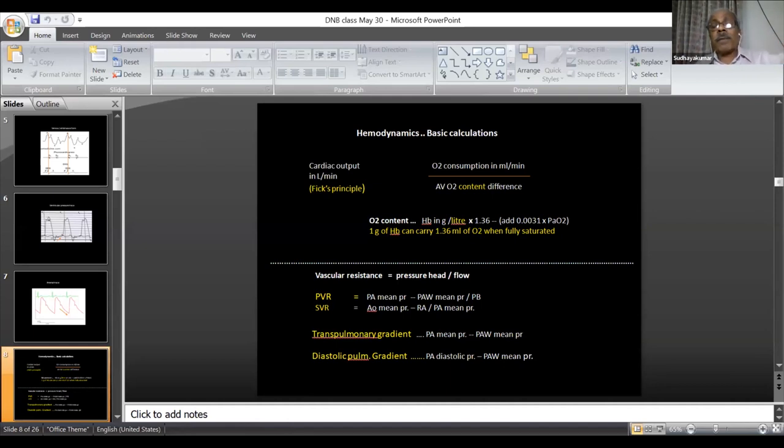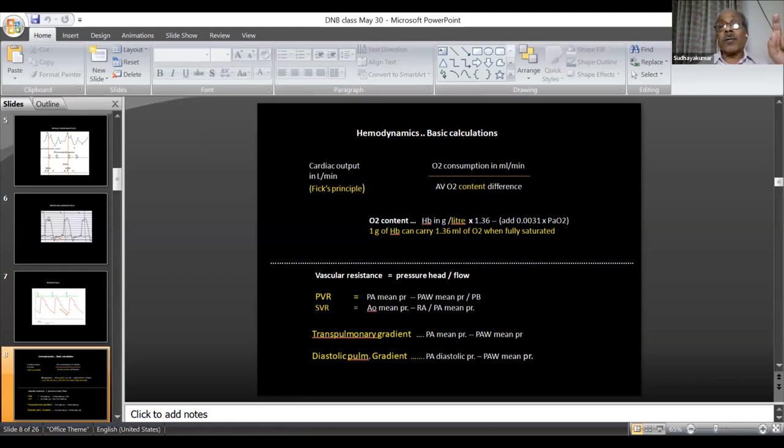That is, this much ml is consumed by the body, the oxygen consumed by the tissues. This oxygen consumption is total. So oxygen content is taken as the hemoglobin in gram per liter into 1.36. 1 gram of hemoglobin when fully saturated can carry 1.36 ml of oxygen.